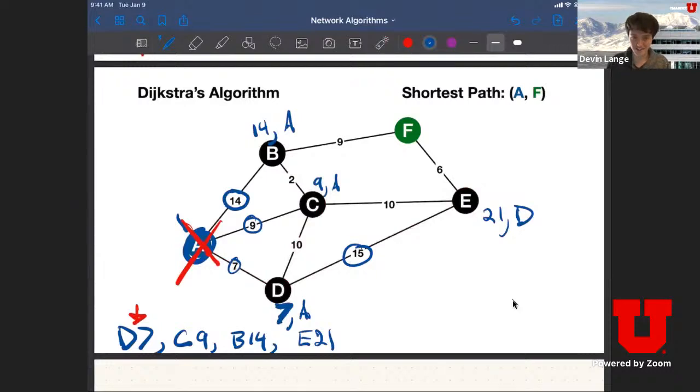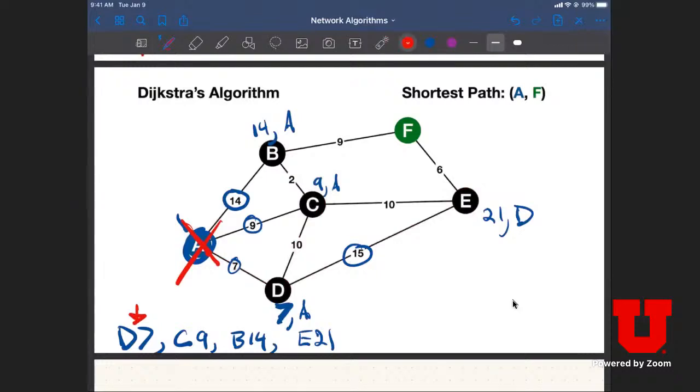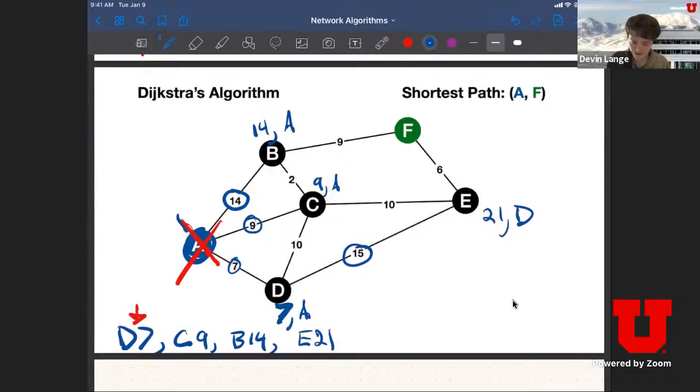So our order is easy here. It's 22, Devin? Yes, exactly. Good call. Great, thank you. Yep, and then we've done this process with D, so we can exit out. Great, now we can move on to C.